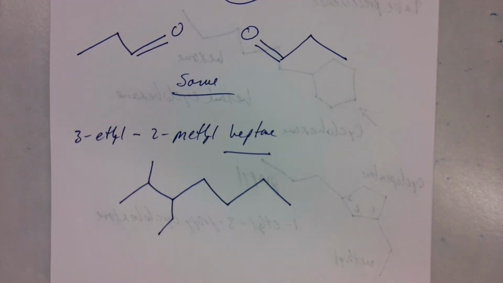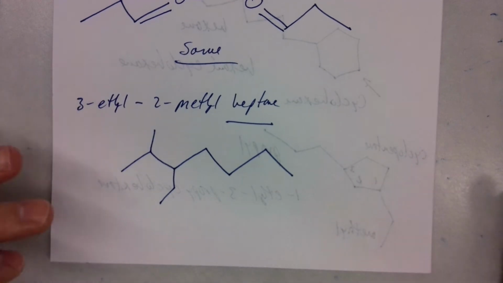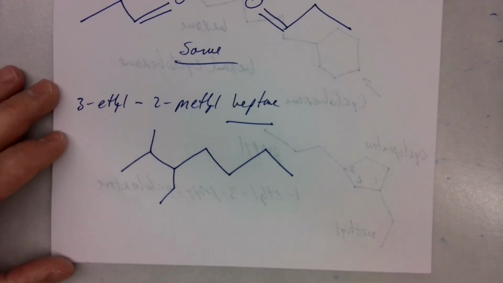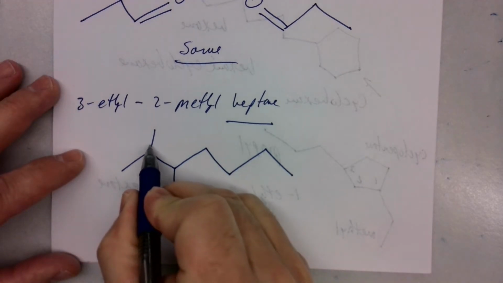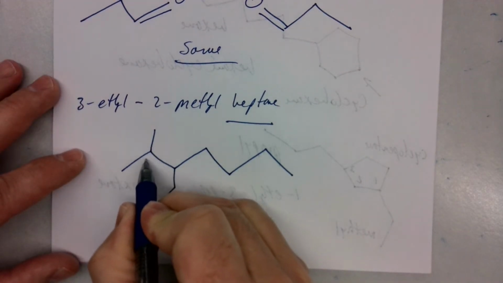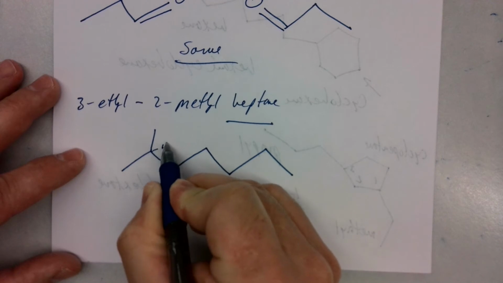Now, there's a couple of different ways I could write this condensed. Okay? So, right here. See that carbon right there? What's that carbon bonded to? Doesn't it have 1 H?